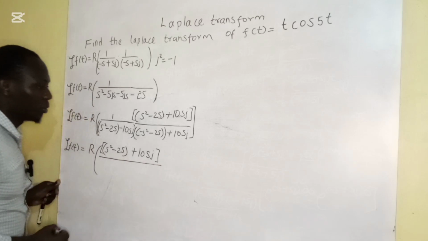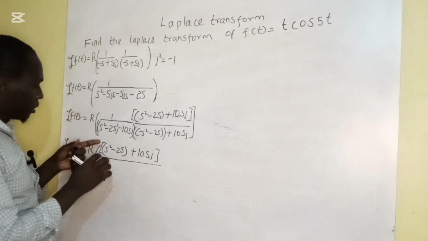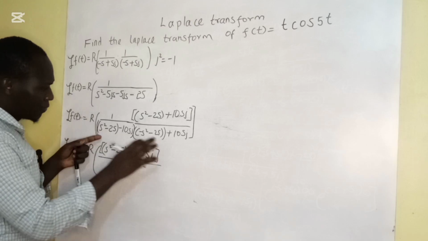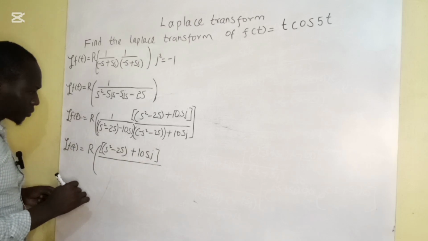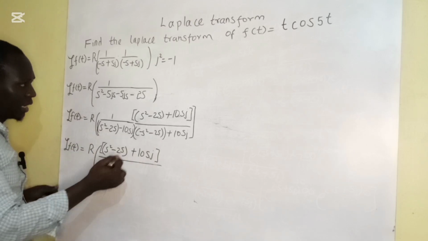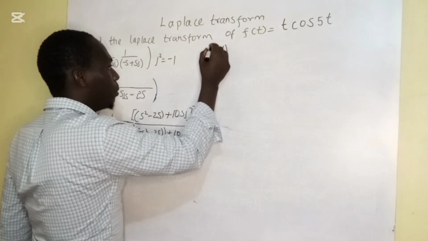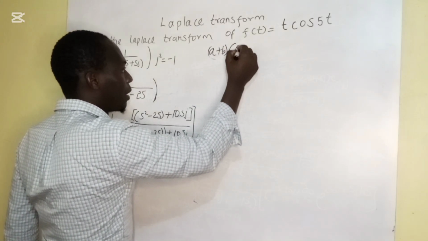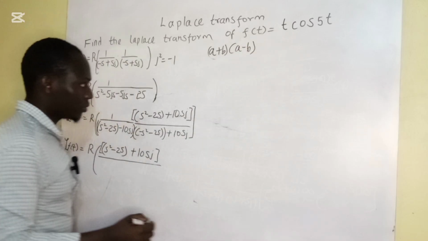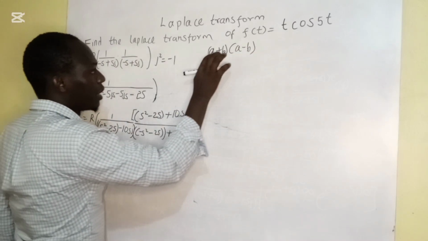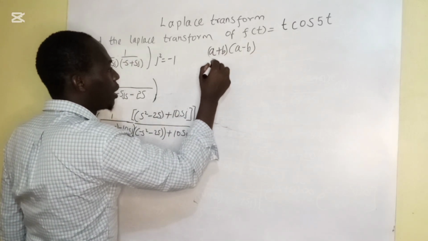And on our denominator, for us to simplify our denominator here, we need to understand that when we have a plus b, we multiply by a minus b. A multiplied by a, we are going to have a squared.